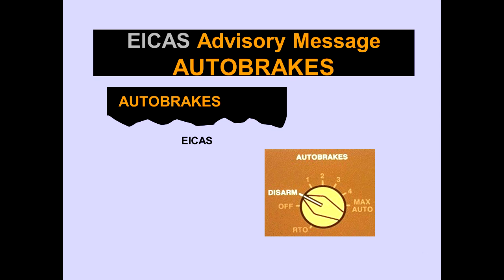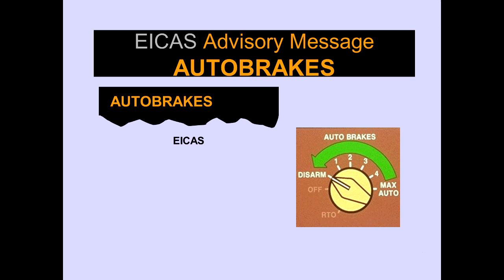Recall the EICAS advisory message AUTOBRAKES is displayed when the Autobrake Selector is in the disarm position. The EICAS advisory message AUTOBRAKES is also displayed when an Autobrake system fault causes the Autobrake Selector to disarm.